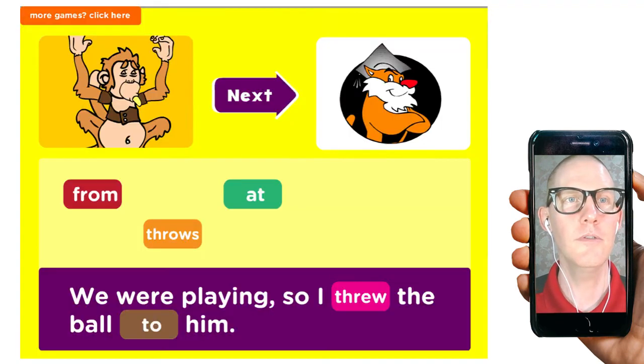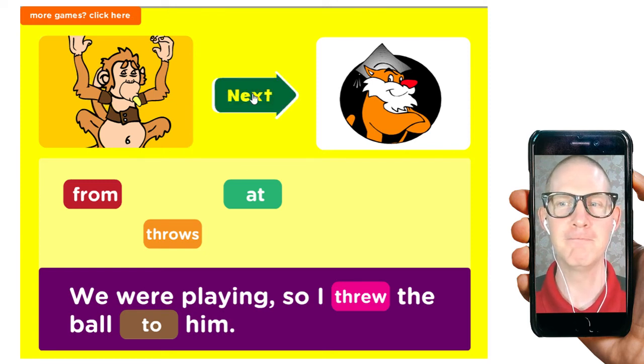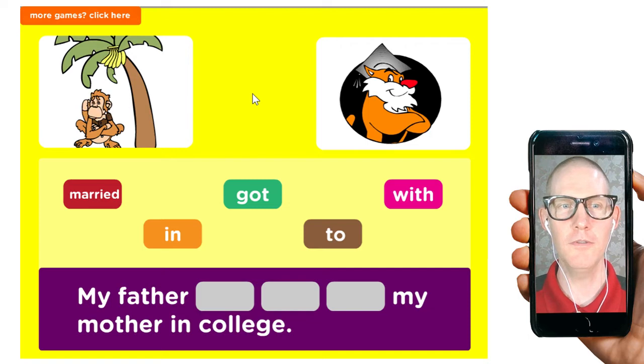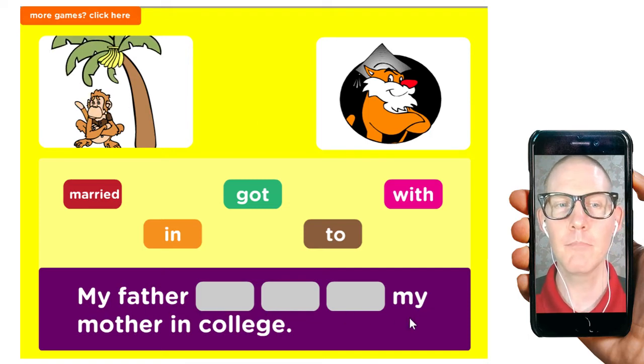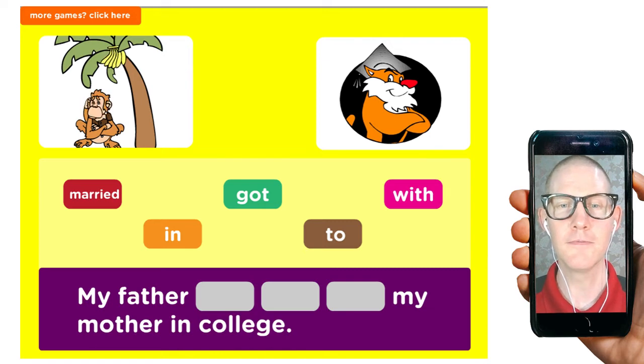Alright. Ooh, let's do verbs followed by prepositions. Woo! Okay, this should be a good one. My father, my mother in college. What do you think?